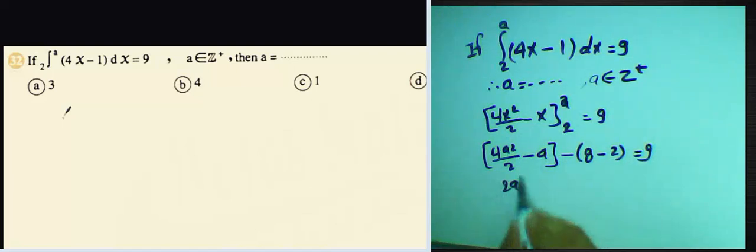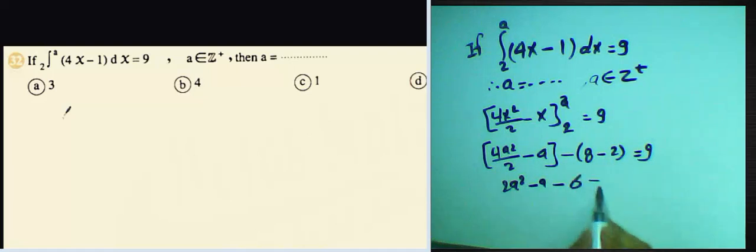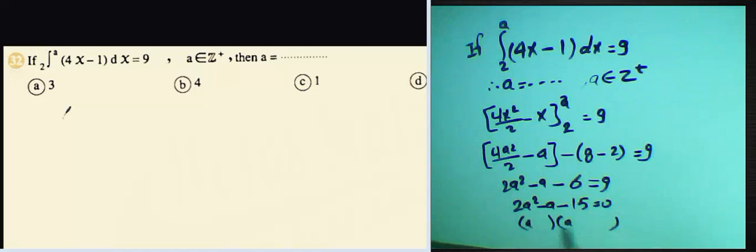It will be 2a power 2 subtract a subtract 8 subtract... equal 9, then 2a power 2 subtract a, negative 15 equals 0. We can factorize them here, 2 and 15, 3 times 5, 2 times 3 equals 6, write negative and positive, then a equals 3. Letter A.